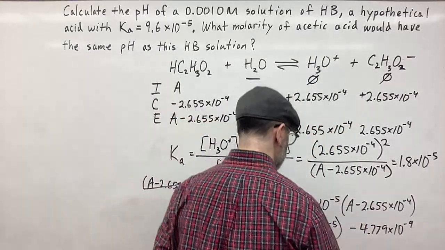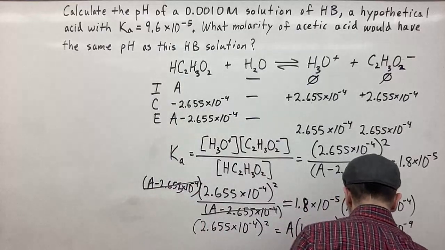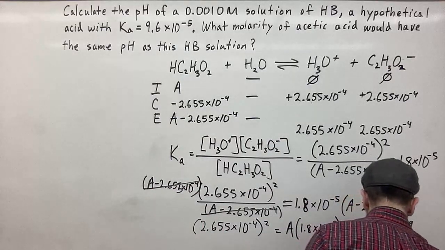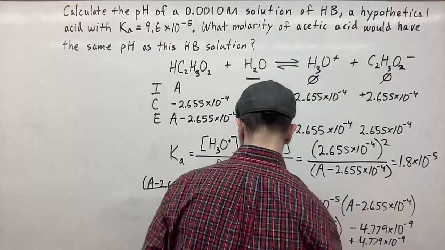And then all we're going to do is add 4.779 times 10 to the negative 9 to both sides.